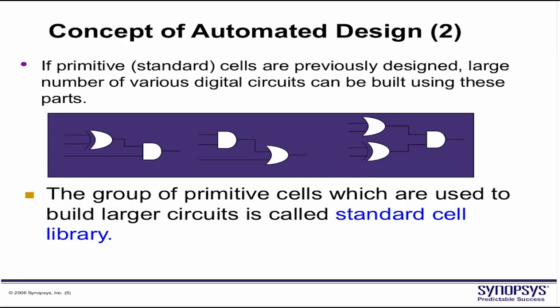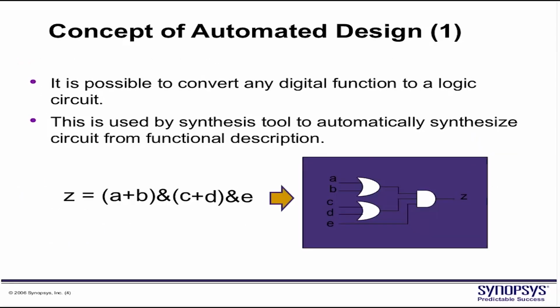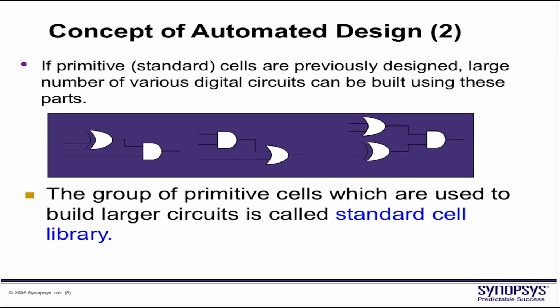Now we are assuming some things here. One thing we are assuming is that the standard cells, the logic cells, like in the previous example the two OR gates and the 3-input NAND gate, exist. We are assuming that these primitive standard cells are previously designed.